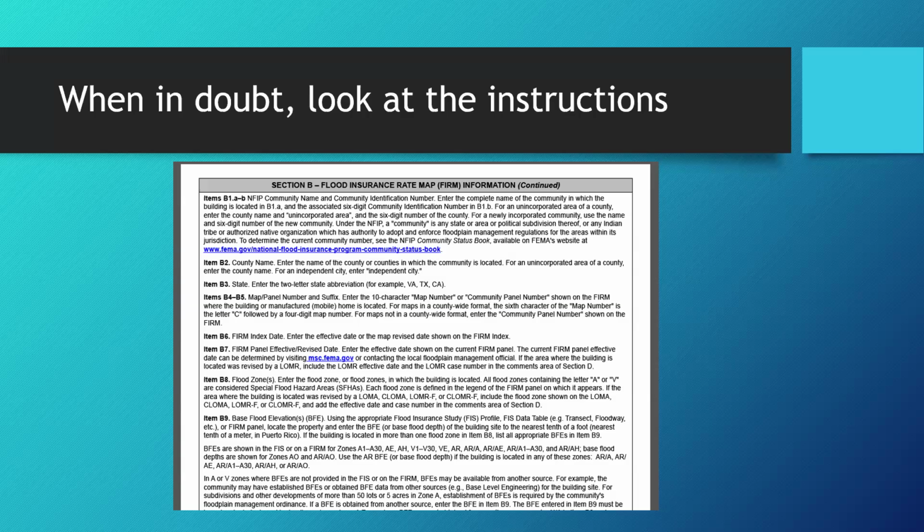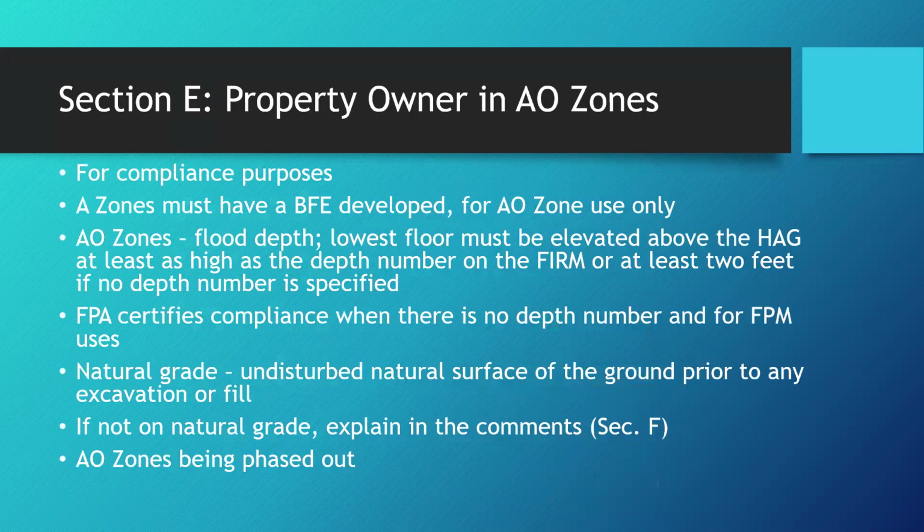And FEMA bases that off of working groups that they put together and all of the learned lessons that they've had over the years with elevation certificates and mistakes and things like that. For Section E, property owners in AO zones, so these zones have a depth and not a base flood elevation, so this gets measured.